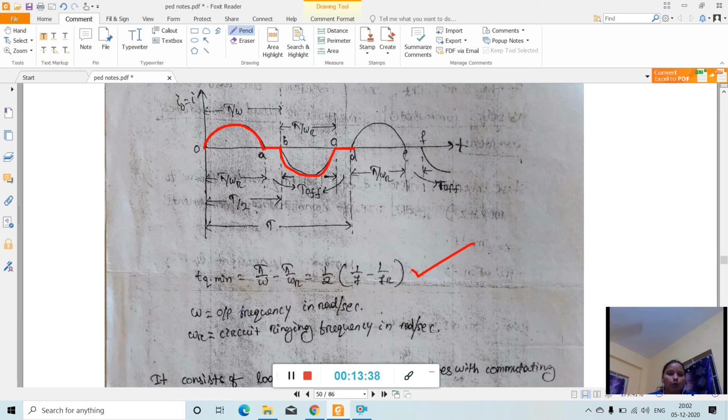So omega is the output frequency in radian per second, and omega R is the circuit ringing frequency in radian per second. TQ minimum is the minimum time given to the thyristor so that it can shift from reverse blocking mode to forward blocking mode. This time lies between A and B, in this T off time.